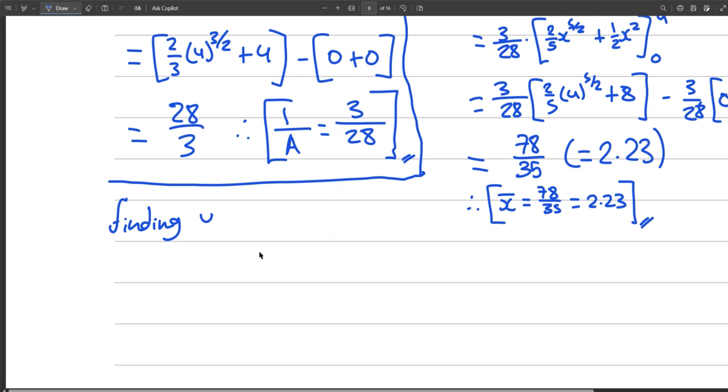finding y bar, our equation for y bar was 1 over a times the integral from a to b of half of f of x squared with respect to x.